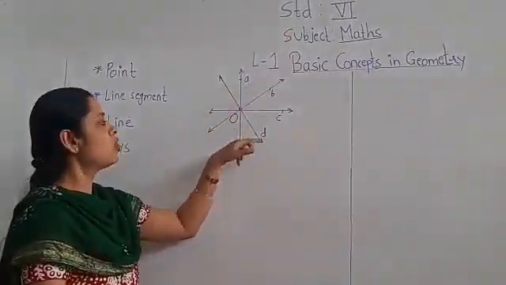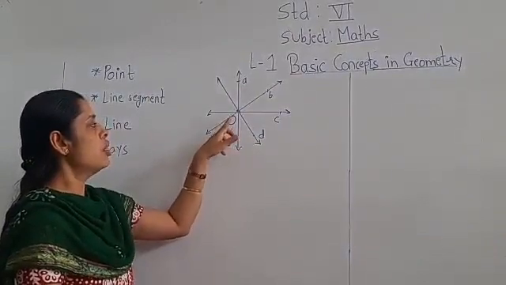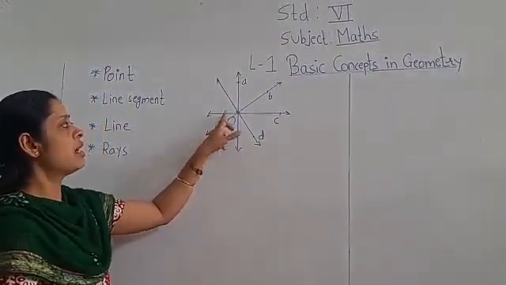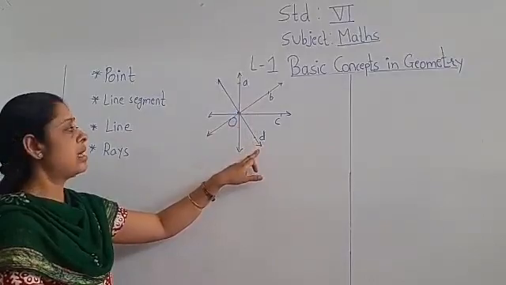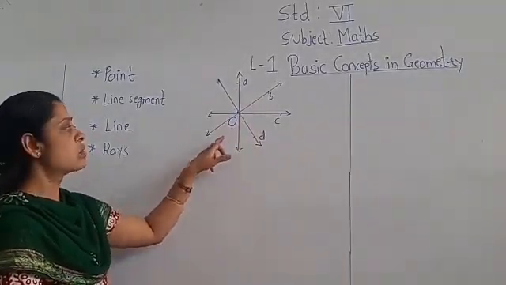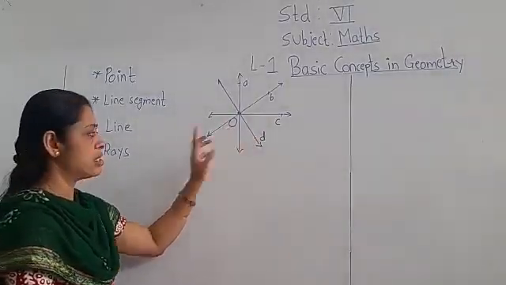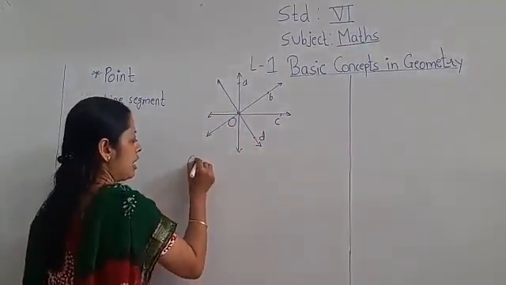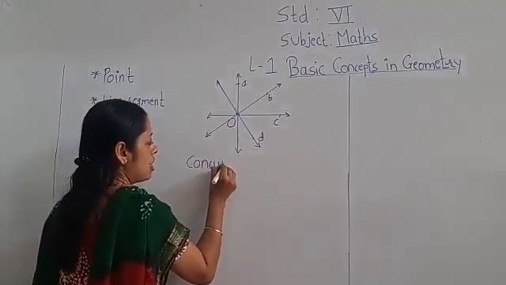When three or more than three lines pass through a single point, they are called concurrent lines. And the point through which these lines pass is called the point of concurrence. Now here we will write concurrent lines.